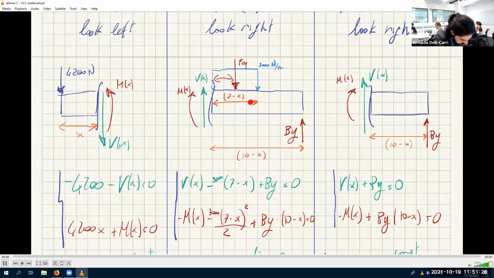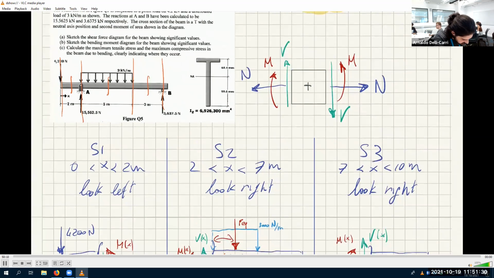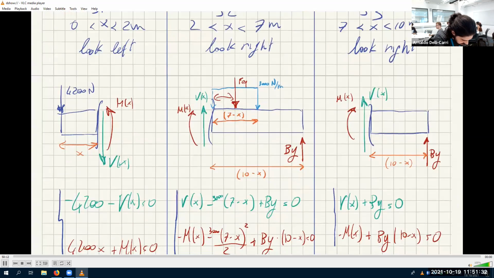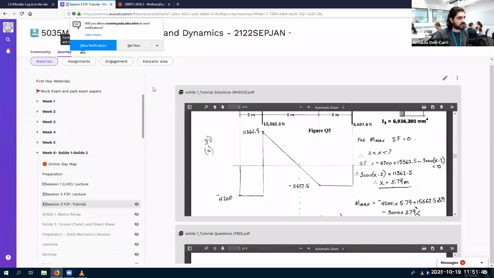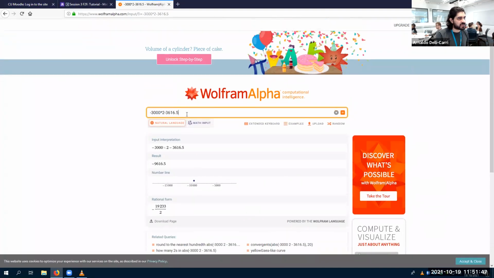This is 7 minus x. This is 3 more, it's 10 minus x. Correct. So let me do this in Wolfram Alpha again, because last time I didn't use this.